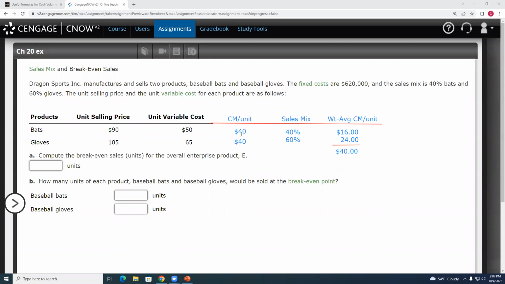You can easily see how we would do this if it was $40 and $30, for example. If you're looking at only two products, the weighted average contribution margin is going to be somewhere between the two individual unit contribution margins. And of course, it is going to be closer to the one that has the higher percentage that carries more weight.